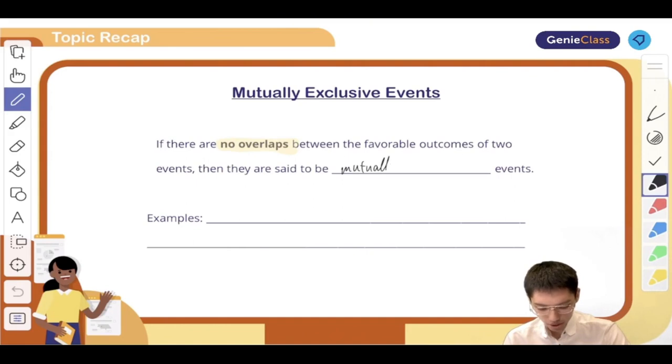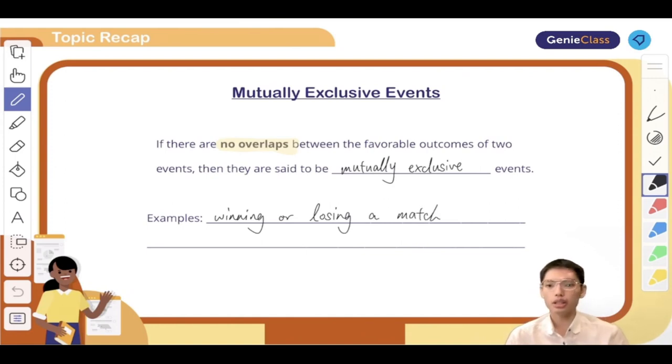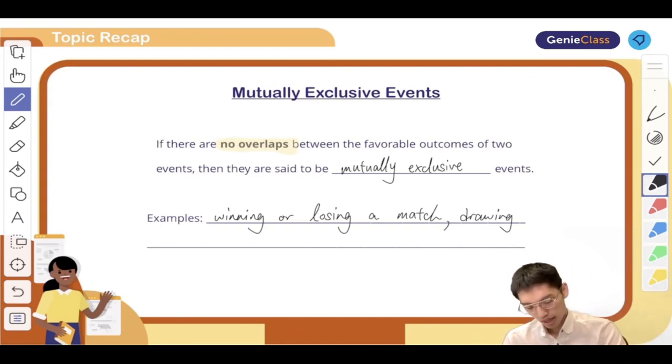You can think of examples on your own, but the main examples I have for you: one common example is either you can win or lose a certain match. Another example can be drawing even numbers or multiples of 3.